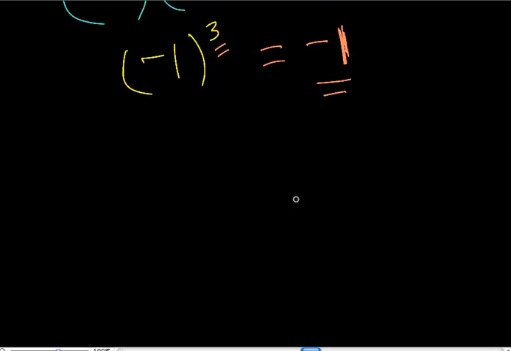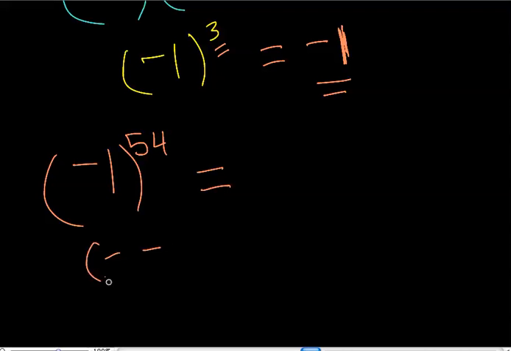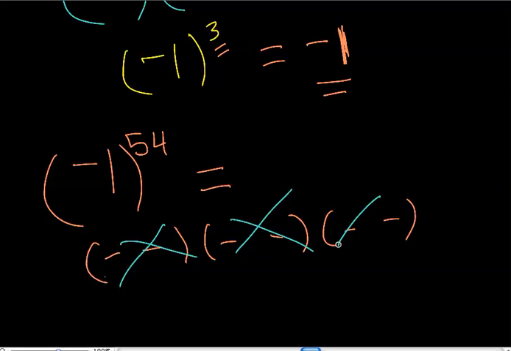Another way to say this: if I had negative 1 to the 54th power, that's going to be a bunch of negatives, 2 negatives times another 2 negatives, always canceling each other out. So the answer is just 1.